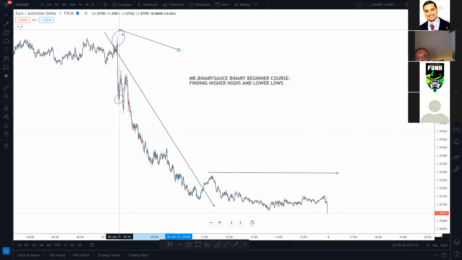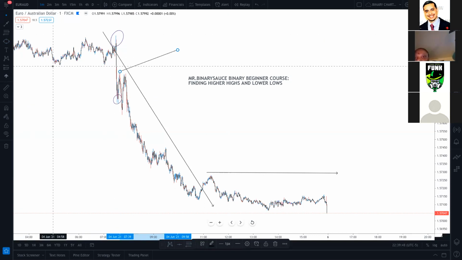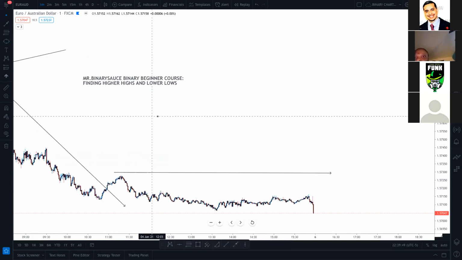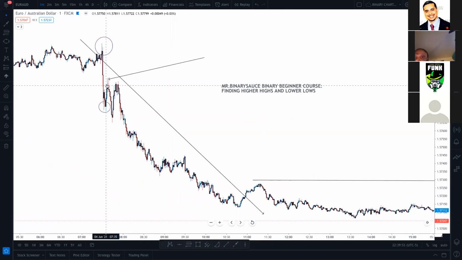I apologize. This is called a higher high. This is called a higher low. Then market pulls back up, right? For this trend, that's the higher high. For this current trend right here, this is the higher high.